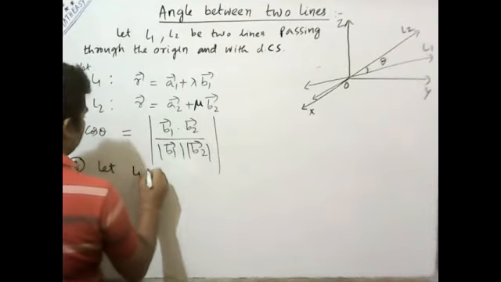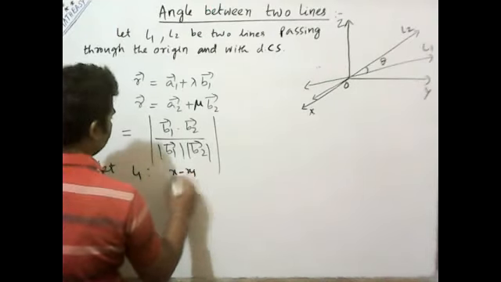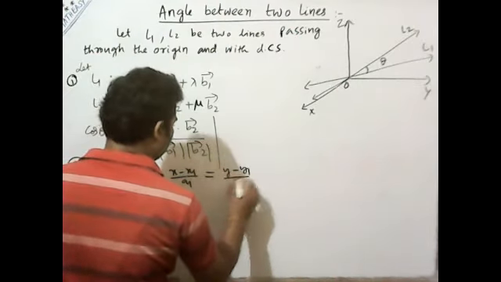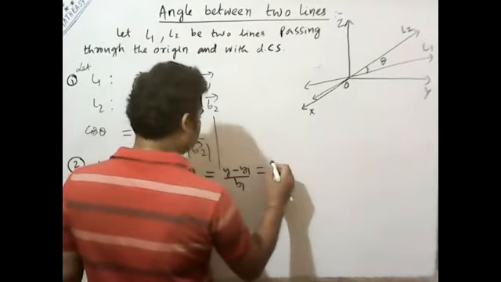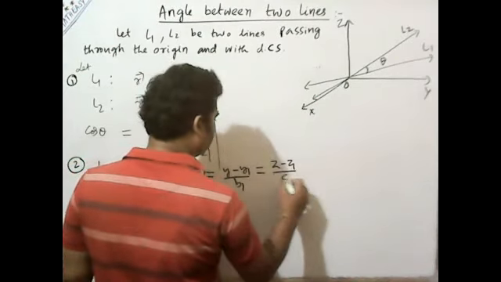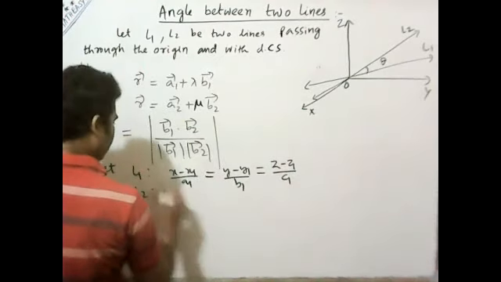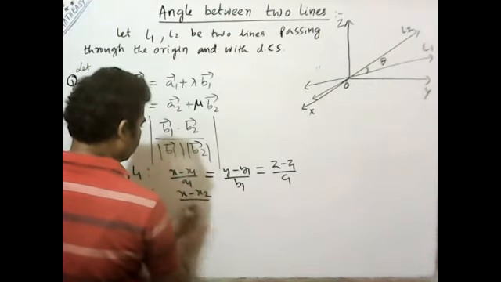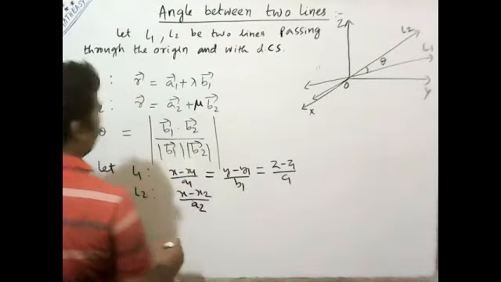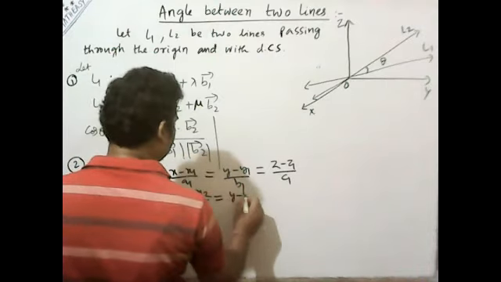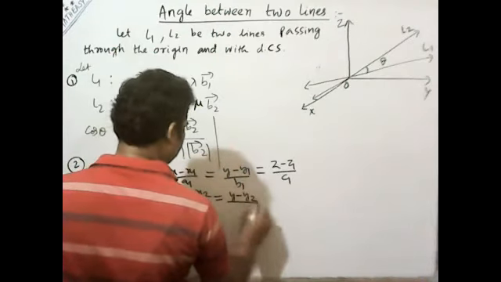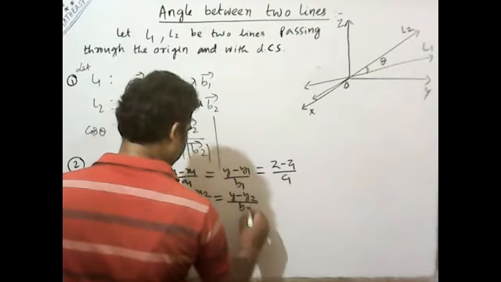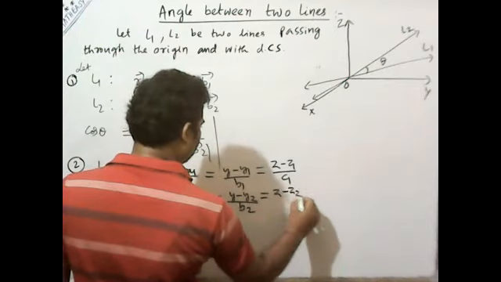If the angle is given in Cartesian form, let L1 be such that (x minus x1) by A1 is equal to (y minus y1) by B1 is equal to (z minus z1) by C1, and the L2 line is (x minus x2) by A2, (y minus y2) by B2, and (z minus z2) by C2.